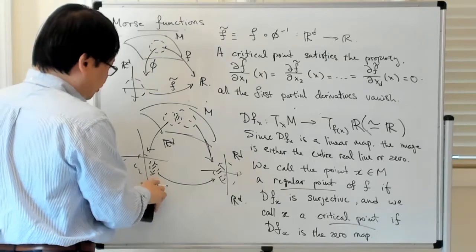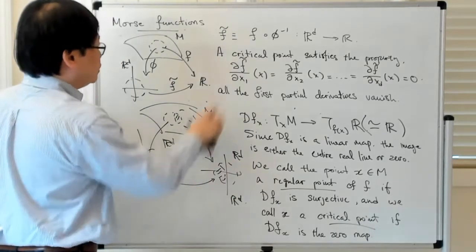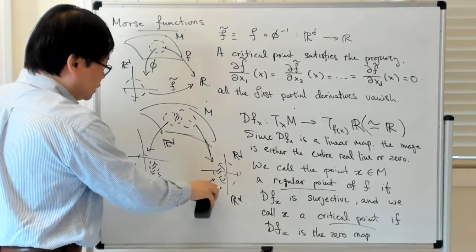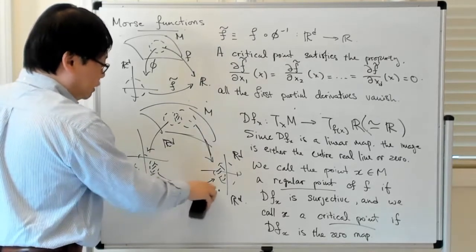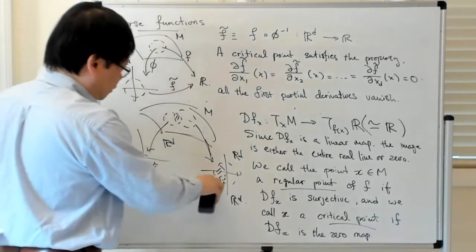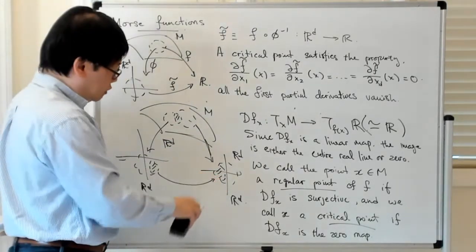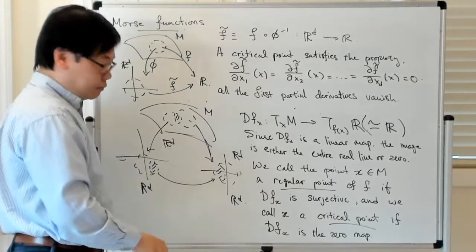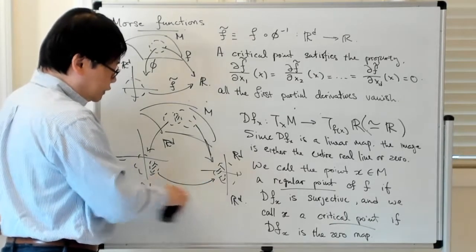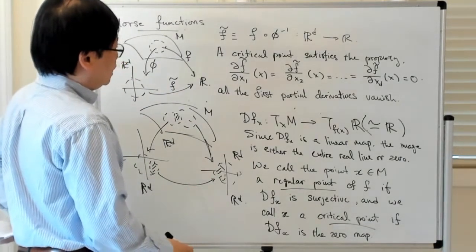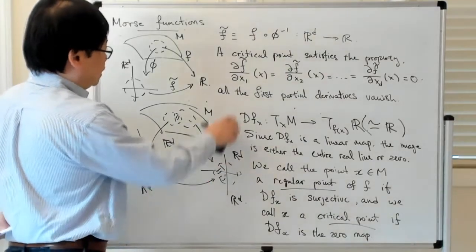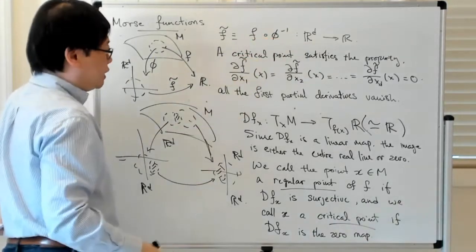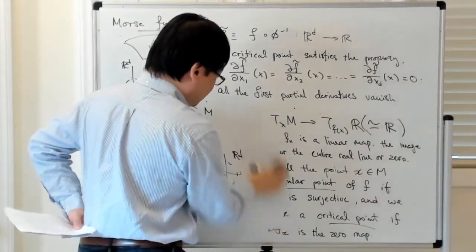If you were to write this in a different coordinate chart, the fact that the change of coordinates is infinitely differentiable in both the forward and the backward direction basically means that this thing has full rank. So the map from R^d to itself has full rank. This characterization, which I've done in terms of a particular coordinate chart, is independent of the choice of coordinates.